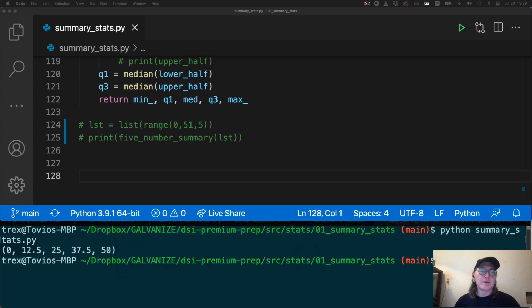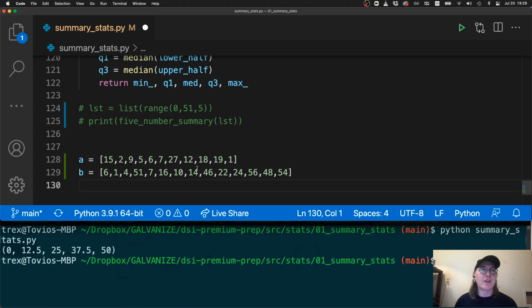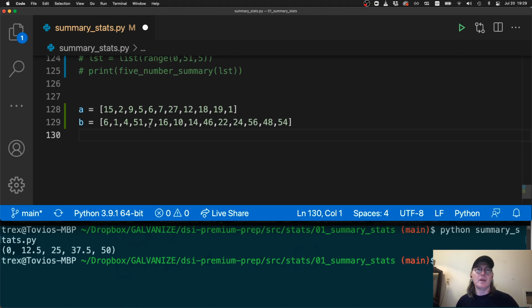Okay, so I'm going to demonstrate another quick example, and I've got these two lists of numbers, right? I don't think there are repeats in any of these. It doesn't look like it.